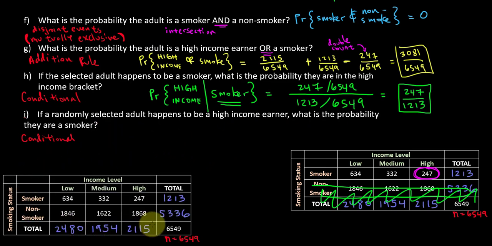I'll paste another table here for our scratch work with the notation probability that they are a smoker, the set of conditions given that they happen to be in the high income bracket. Okay. So we've got all the same words, but they are rearranged. So we're not going to have the same answer.